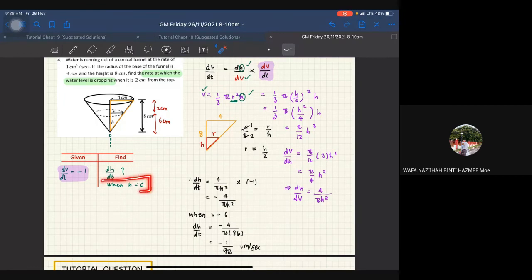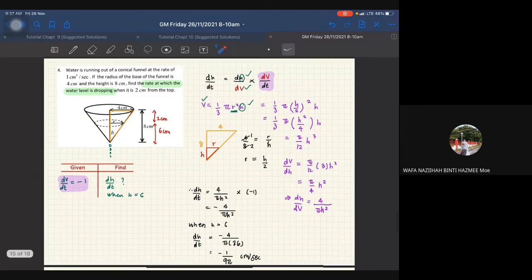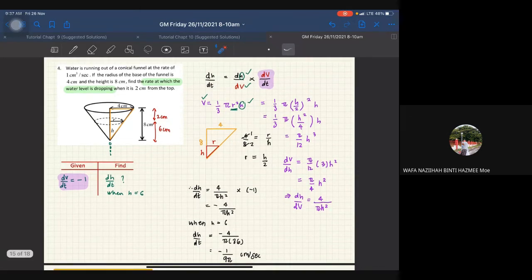Okay, so ada lagi satu soalan. Soalan ni, nombor 11. So, saya tinggalkan soalan ni as awak punya exercise sendirilah. Okay, so soalan ni beza dia sikit je dengan soalan yang kita buat dekat sini tadi. So, soalan yang nombor 4 ni, this example, air keluar ke bawah. Okay, so kalau dekat question tutorial number 11, air dimasukkan.